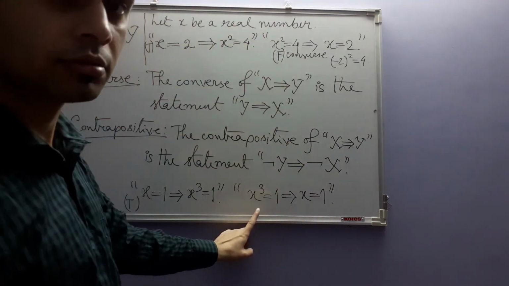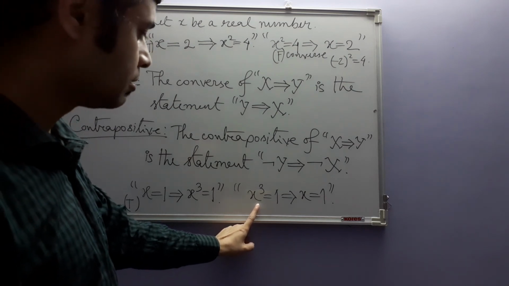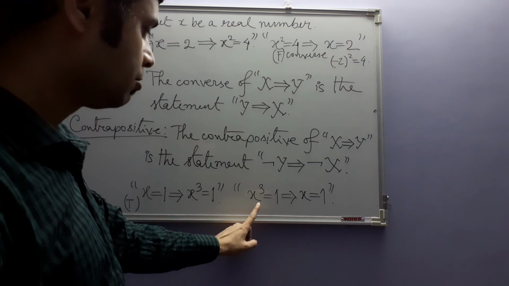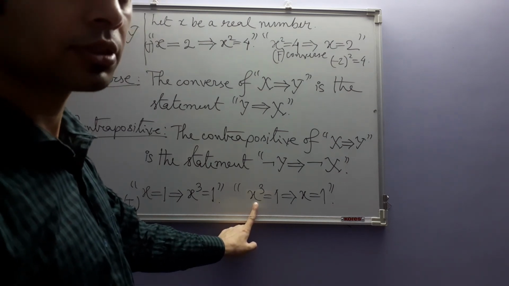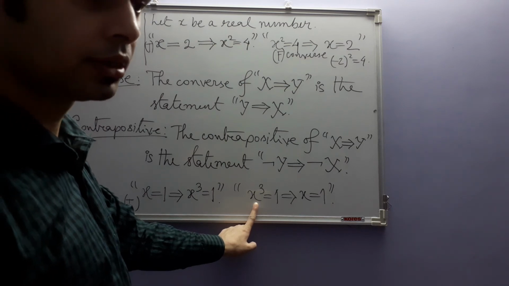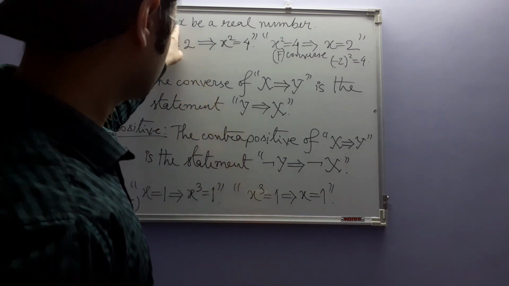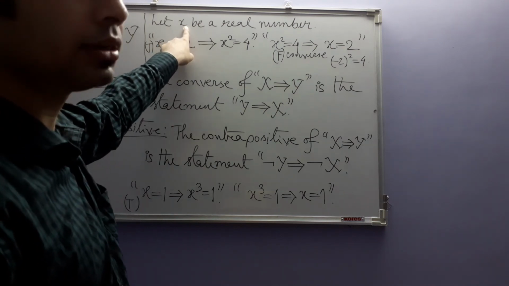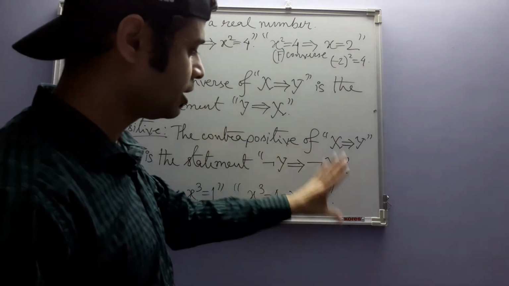There are two other possibilities which are not real numbers. Two non-real complex values of x are there whose cube is also equal to 1. But since we have decided to choose the variable x to be a real number, we get only one situation.